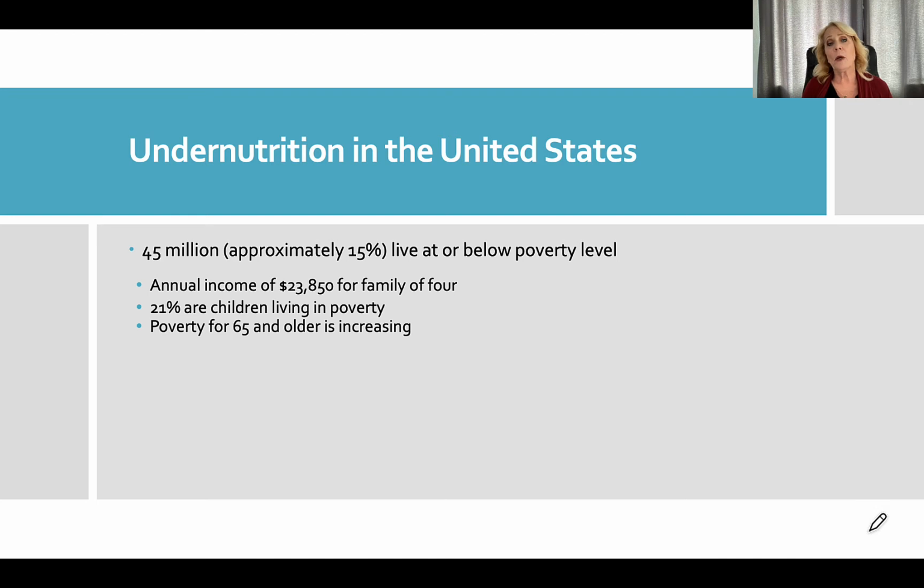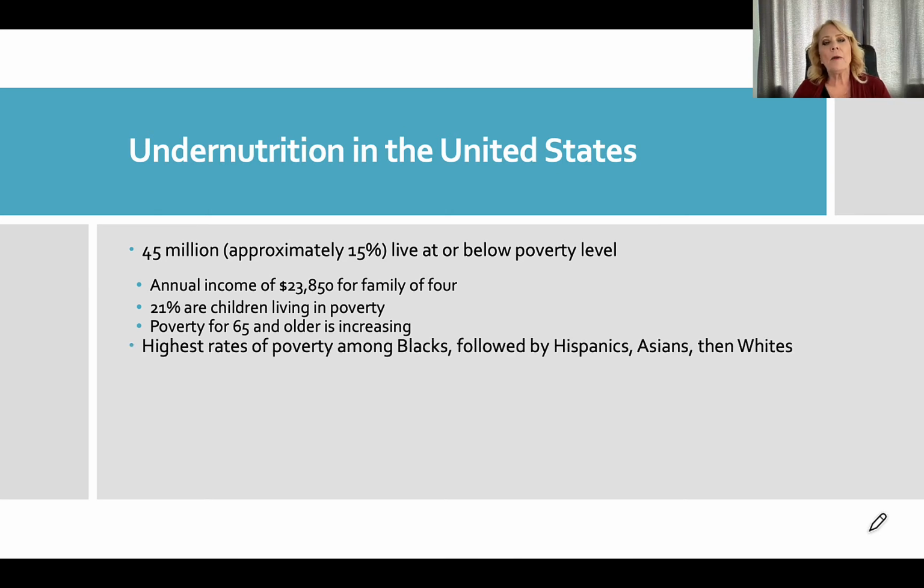Now, depending on where you're living, it might be a little bit better than other places, but you're still talking about a very, very low level of income, which means 21% of children in the United States are living in poverty. Among those 65 and older, the number of people in poverty is increasing.